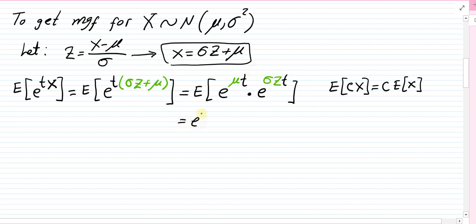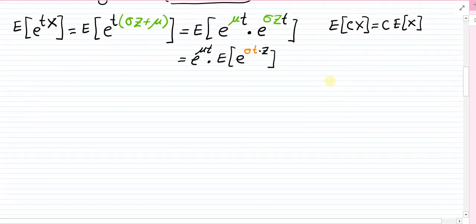So I can bring e to mu t outside times the expected value of e to sigma, and I'm going to now combine sigma and t, and then times that by z. In other words, I just rearranged those factors. That's all I did. Okay.